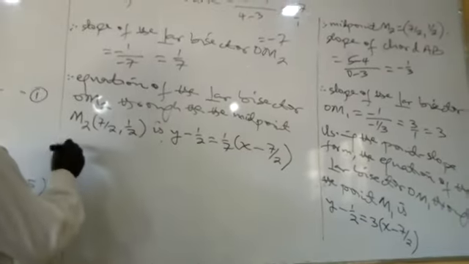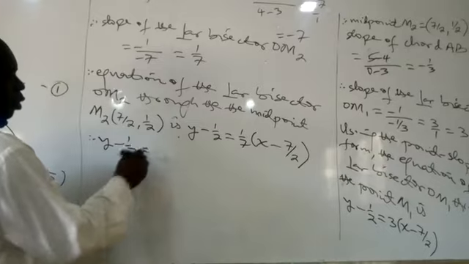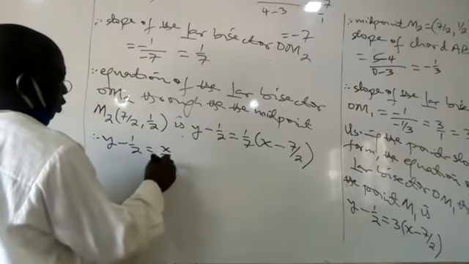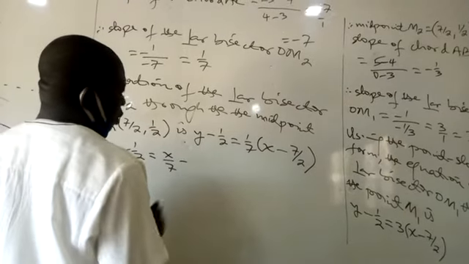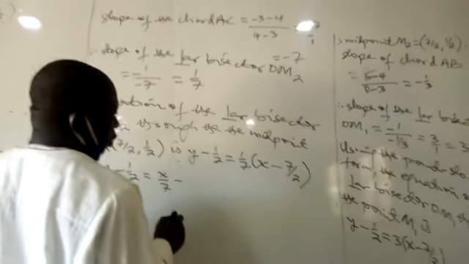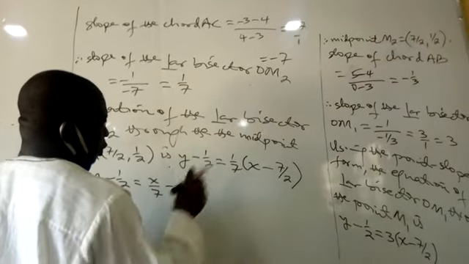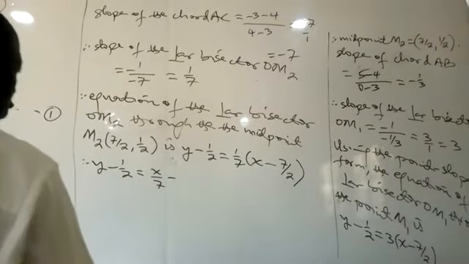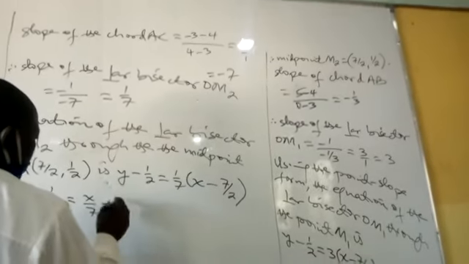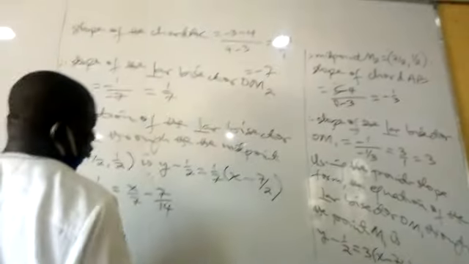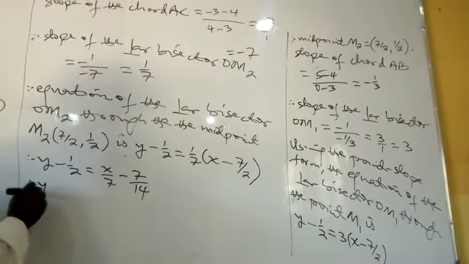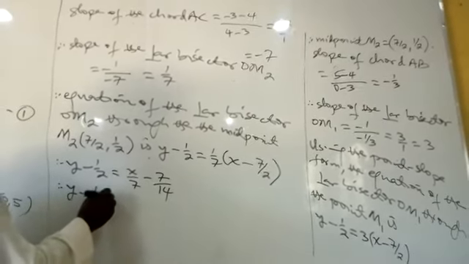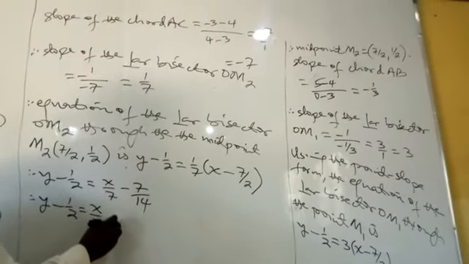So it means y minus half is equals to x over 7 minus 1 over 7 times 7 over 2, minus 7 over 14. So y minus half is equals to x over 7 minus half.